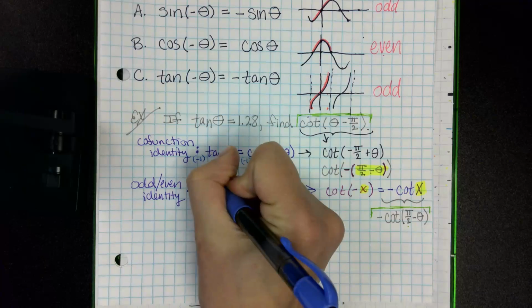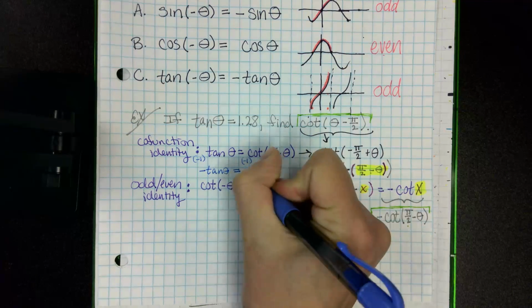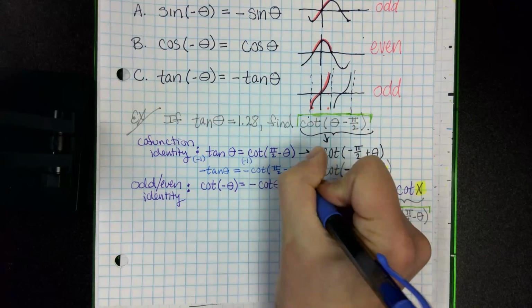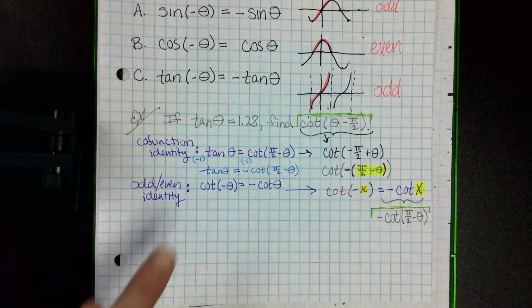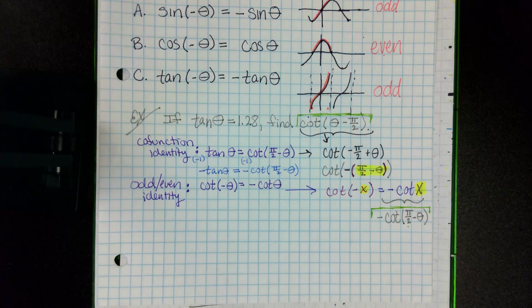So this is now negative tangent theta equals negative cotangent pi over 2 minus theta. So I rewrote my identity by making both sides negative. And now it matches exactly.